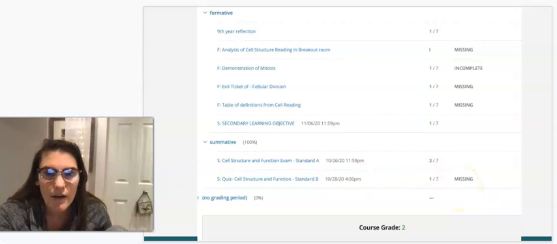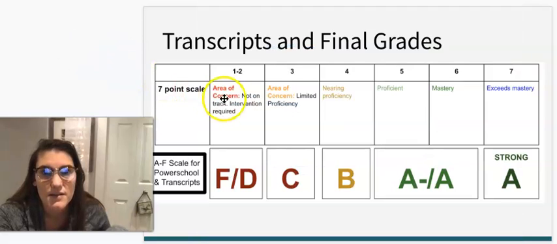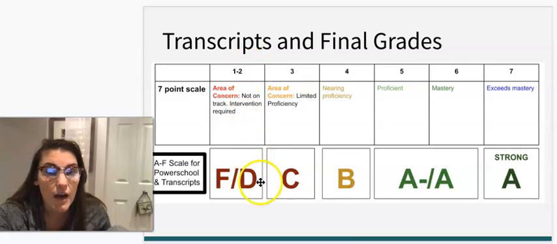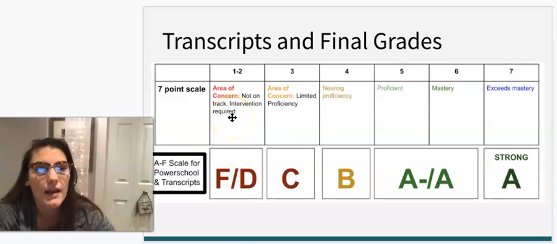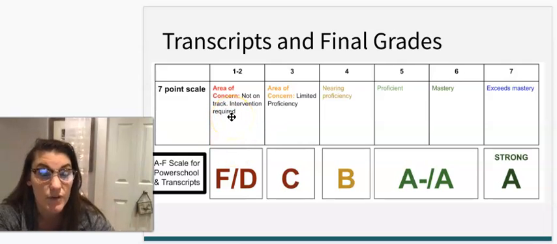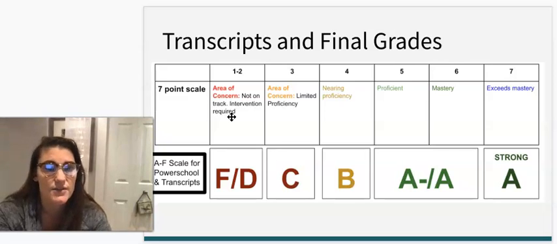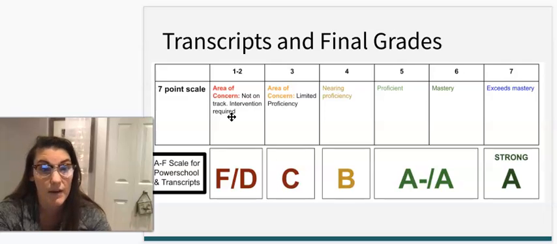So that course grade, reminder, corresponds to the 2. So Ginny is getting a D in that class, where if she turned in both of her assignments, she'd be getting a 3. So this is an area of concern. If you're seeing that and for some reason you haven't heard from your guide, reach out, but also reach out to the guide and the student and make a plan to get better at this.